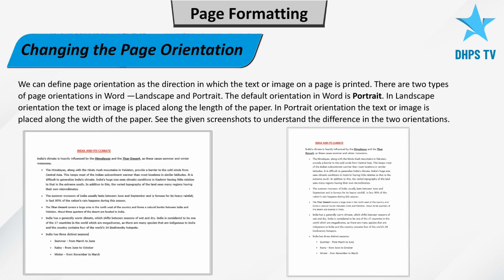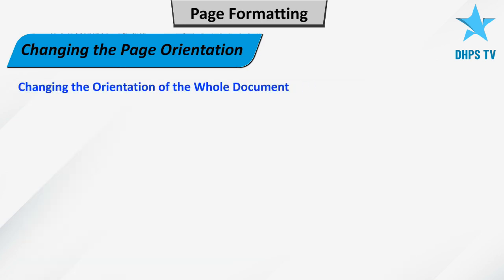In landscape orientation, the text or image is placed along the length of the paper. In portrait orientation, the text or image is placed along the width of the paper. See the given screenshots to understand the difference in the two orientations.